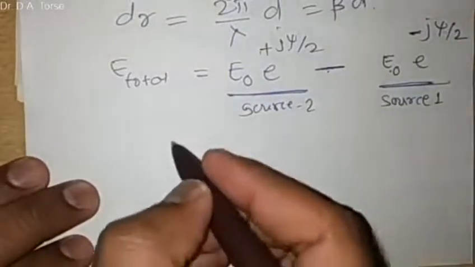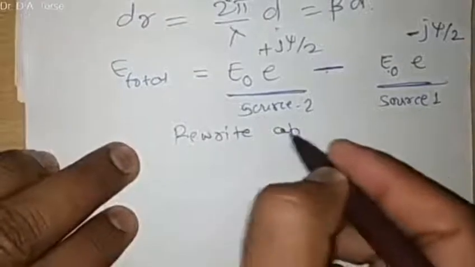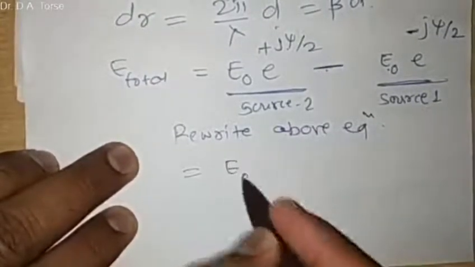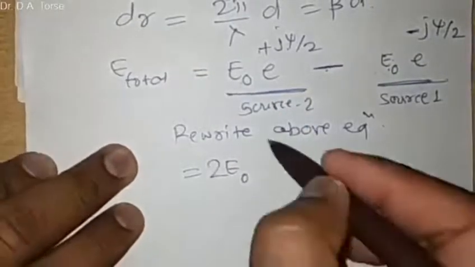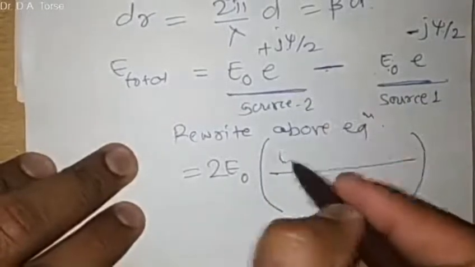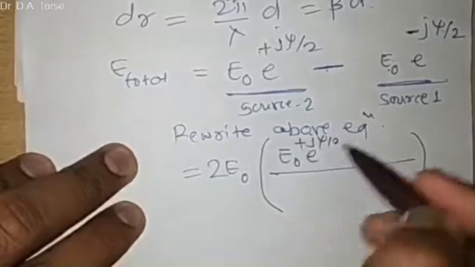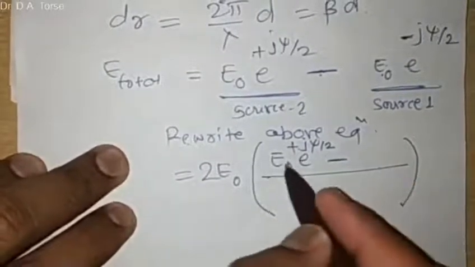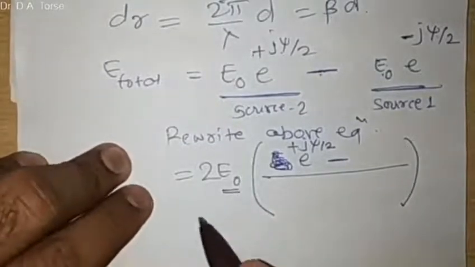You can rewrite the above equation by taking the E0 term common from both these terms, multiplied by 2, and then in the bracket the subtraction of these two terms, e to the power plus j psi by 2 minus e to the power minus j psi by 2, divided by 2. Sorry, this E0 is not there, we have already taken it common outside the bracket.